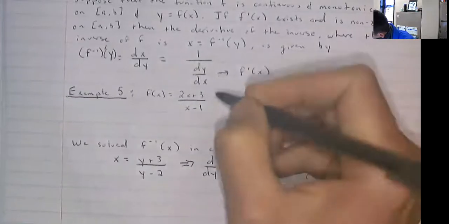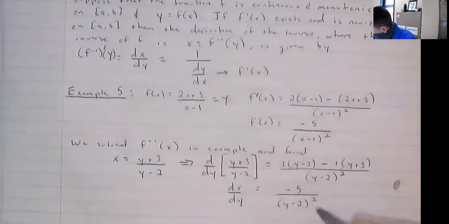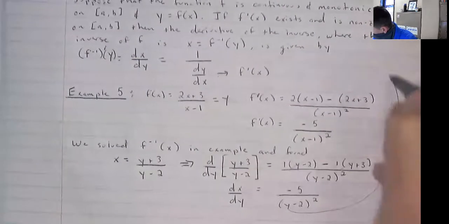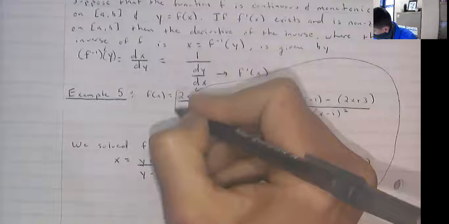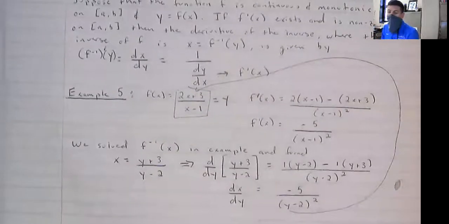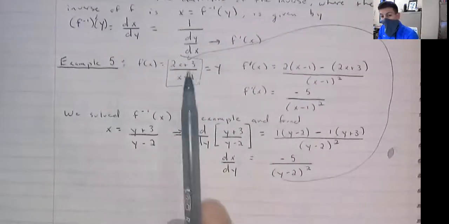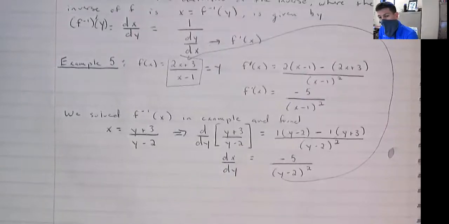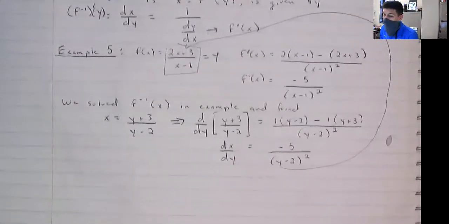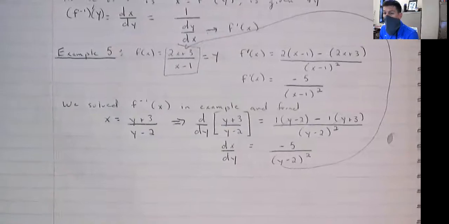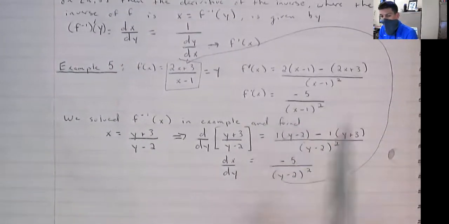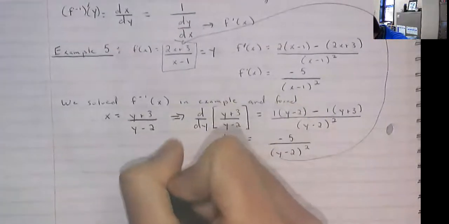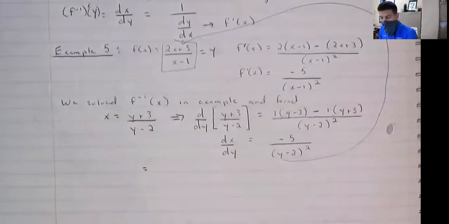Y, in the context of this problem, is this guy, this original function. So we're going to plug that in for y and see what happens. Or not just see what happens, but hope that what happens is we end up with the reciprocal of f prime of x. So let's get to that somewhat onerous task.